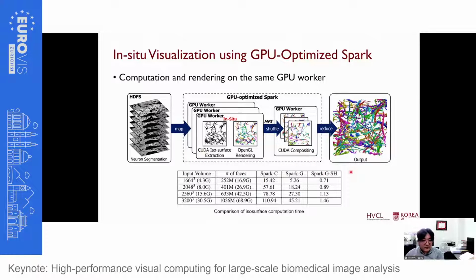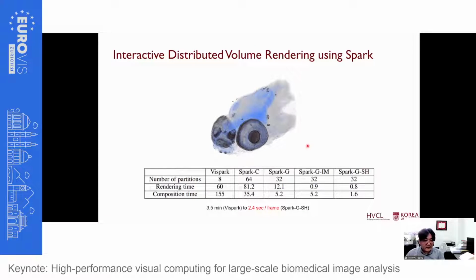More interestingly, we made distributed rendering using Spark really fast. Here, single-frame rendering time is 2.4 seconds. If you think about real-time rendering, well, this is not really fast, right? But compared to batch processing Spark, 2.4 seconds per frame is really fast.